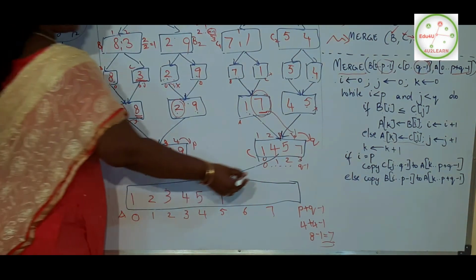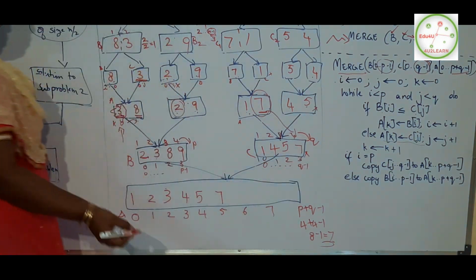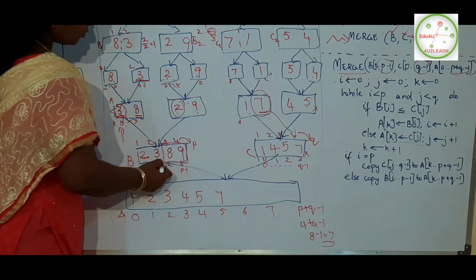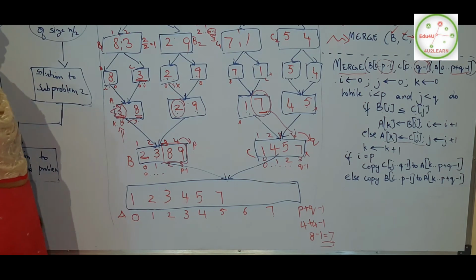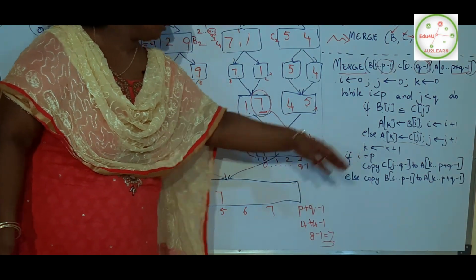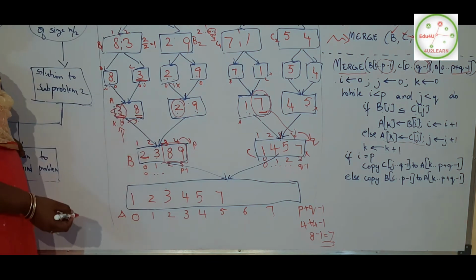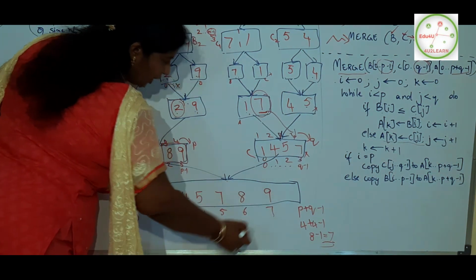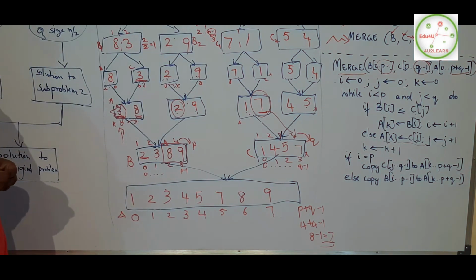Now every element in C are being added to this list. So we don't have any comparison to be done with 8 and 9. So we pour out the content of the B array to whatever space is left in the A array. So 8 and 9 are being added to this.